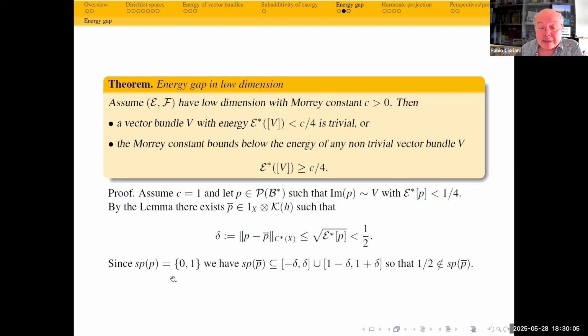But since P is a projection, its spectrum is contained in the two point set 0 and 1, and so the spectrum of this P bar is contained in the union of two disjoint intervals. They are disjoint because by the assumption, this distance is less than one half. And so one half does not belong to the spectrum of this approximation P bar.